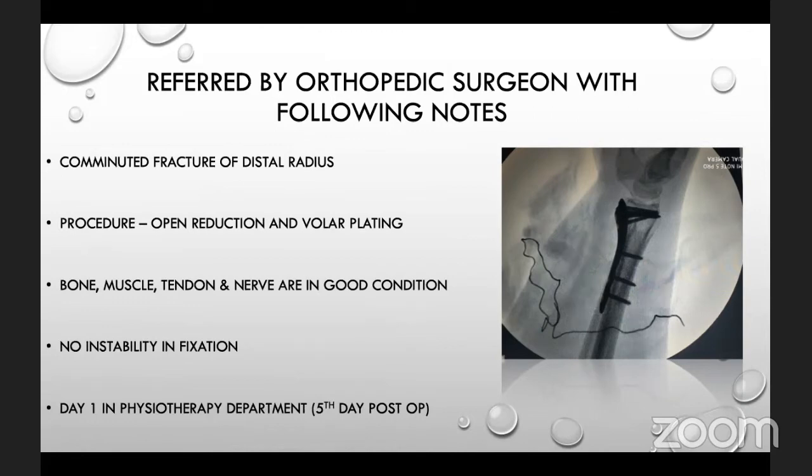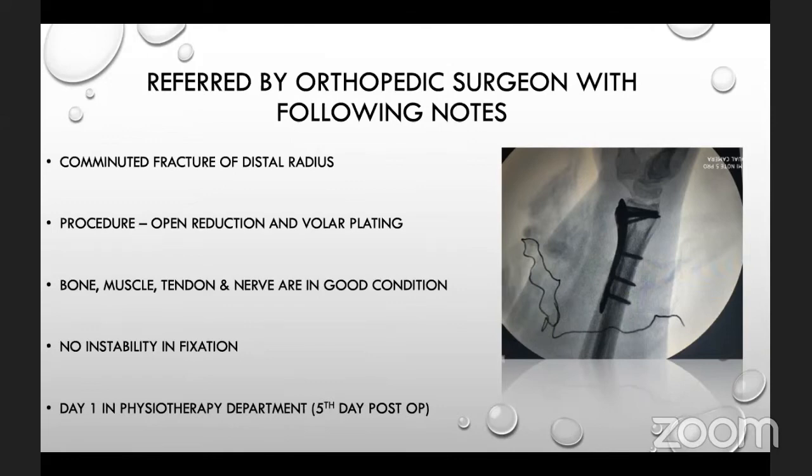During surgery, he found that bone, muscle, tendon, and nerve were in good condition. At the time of suture, there was no instability in fixation, as we can see on the right side of the slide. On the fifth day, the patient came to the doctor for bracing, and he found this was the right time to refer to a physiotherapist.